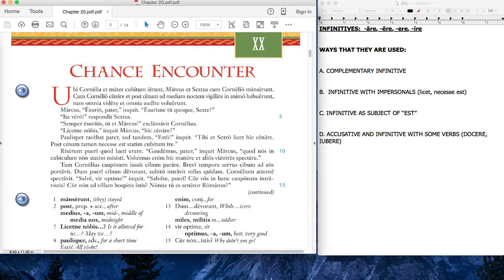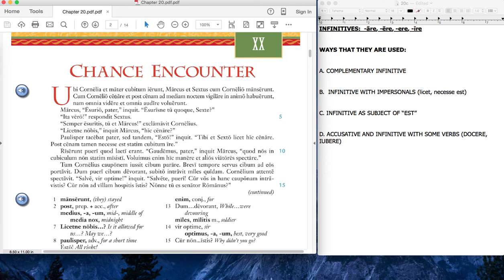Cum Cornelio cenare et post cenam ad mediam noctem vigilare in animo habuerunt. So this whole sentence means, I think referring to Marcus and Sextus, they had it in mind. Habuerunt in animo is they had it in mind, or they intended, and they intended two things.